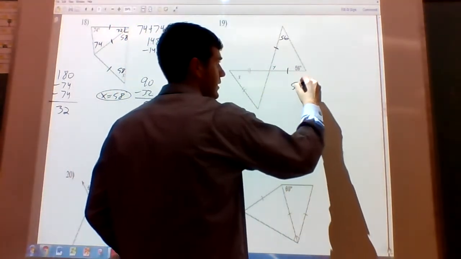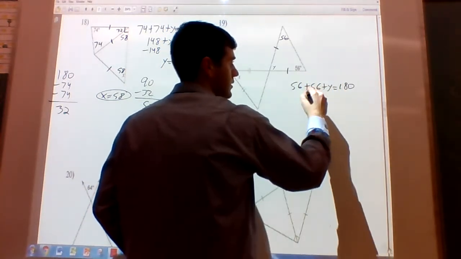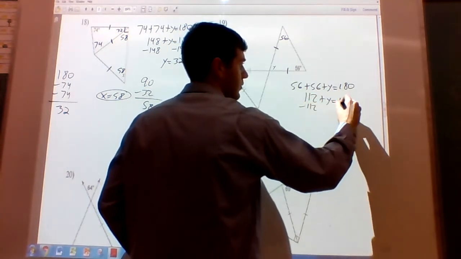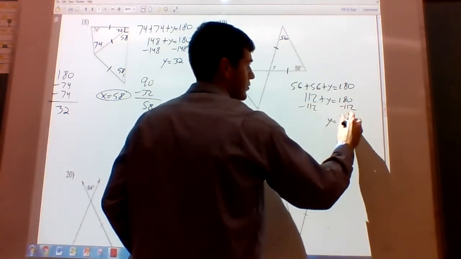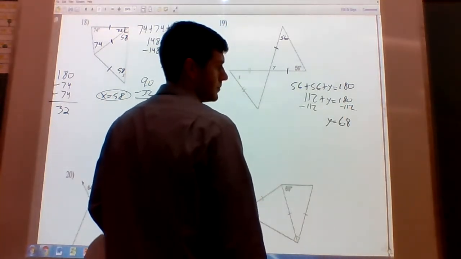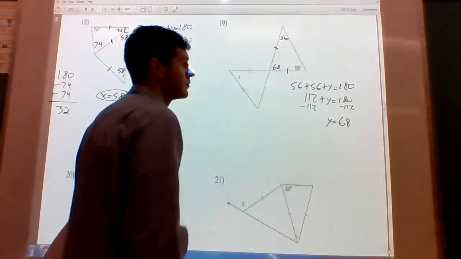Then we can do 56 plus 56, this is 112 plus y is 180. Minus 112, y is going to be 68. So this is 68 degrees.